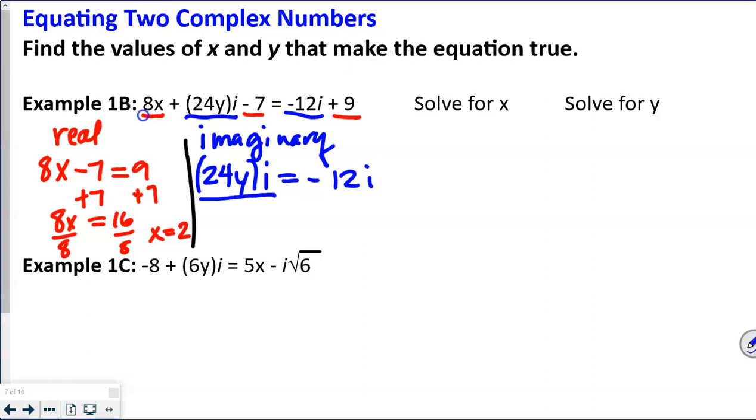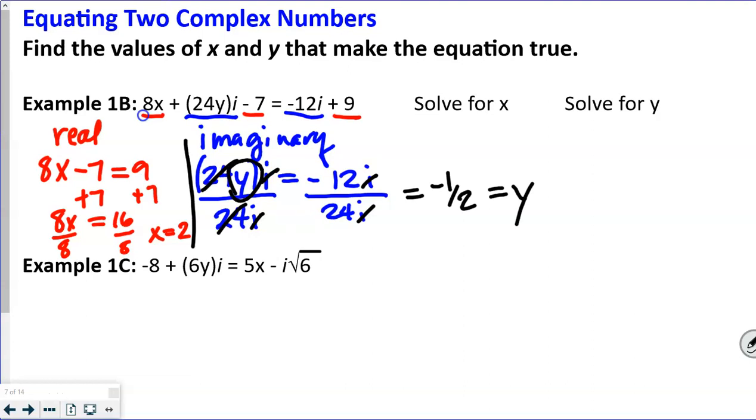So we're going to divide by 24i, and we're going to divide this by 24i, okay? Once again, notice that those i's are going to cancel each other out. So we have negative 12 divided by 24. Isn't that going to be negative 1/2, y'all? And that's equal to what? Remember, this cancels out that, and that. And what are we left with? y.